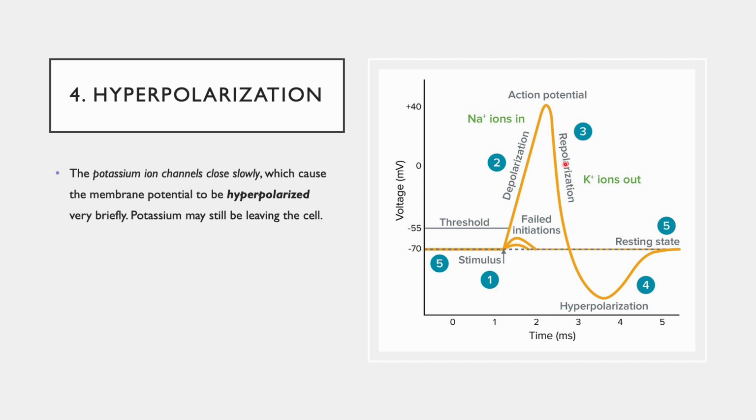So since it leaks out slowly, the membrane can become even more hyperpolarized, meaning that it's going to be even more negative than the typical resting membrane potential at about negative 65 or negative 70 millivolts. This is because potassium is still leaving the cell. During this time, during hyperpolarization, the cell's membrane potential is going to be less negative than its resting membrane potential.